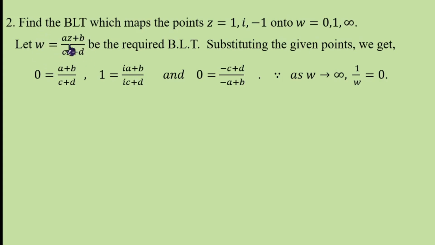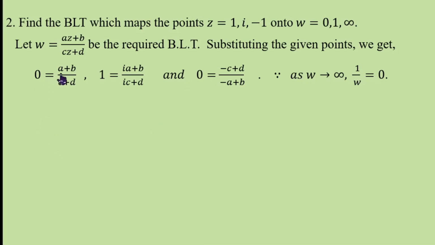Therefore take the reciprocal, (CZ + D) by (AZ + B). When W is infinity, 1 by W is 0, so 0 equal to CZ + D, with Z as -1. So (-C + D) by (-A + B), because as W tends to infinity, 1 by W tends to 0.